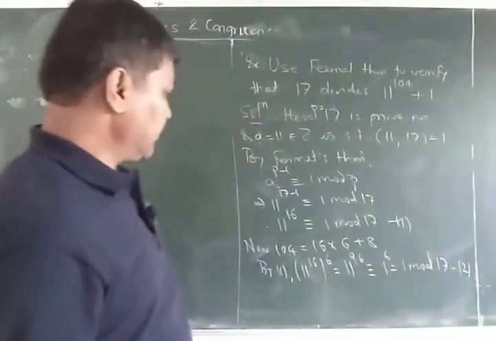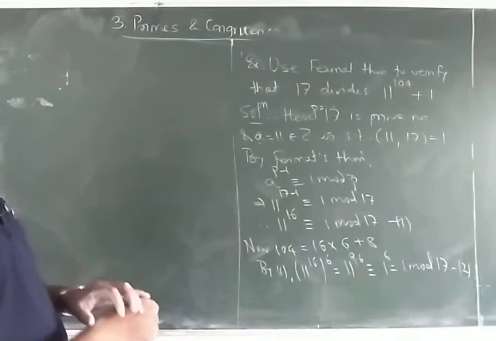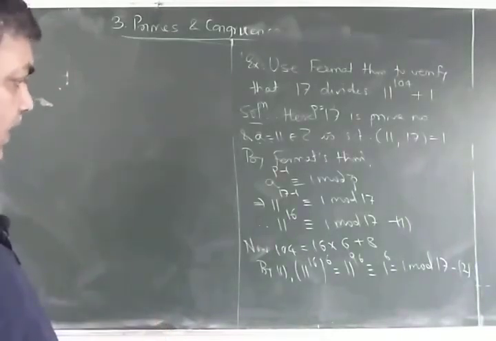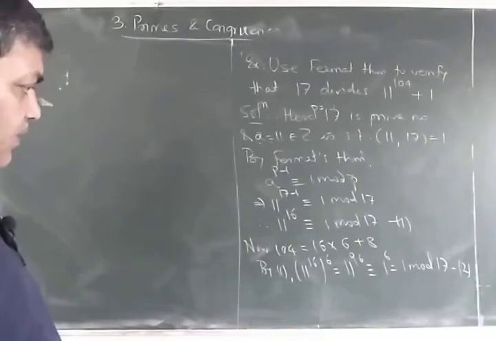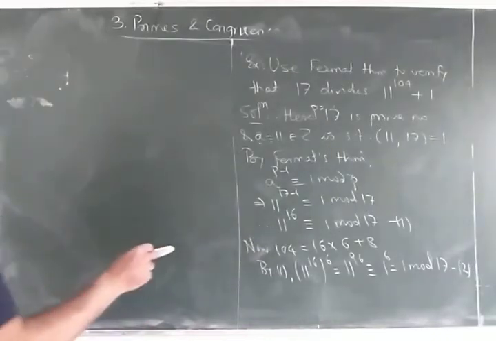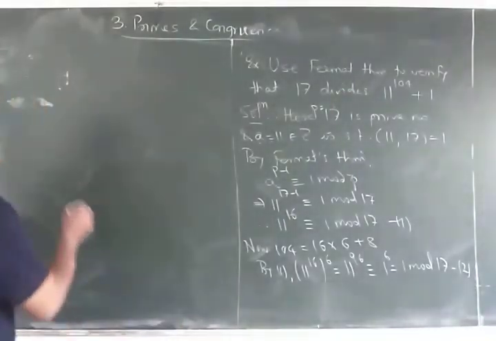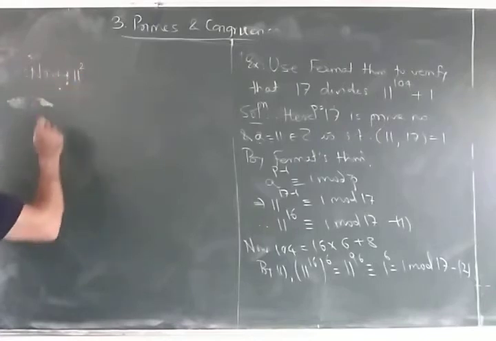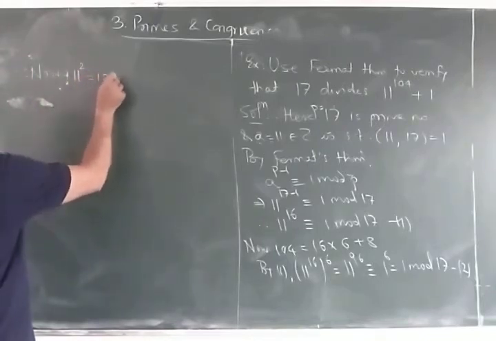So for that we find 11 square. We have the 8th power remaining. Now 11 square is equal to 121.